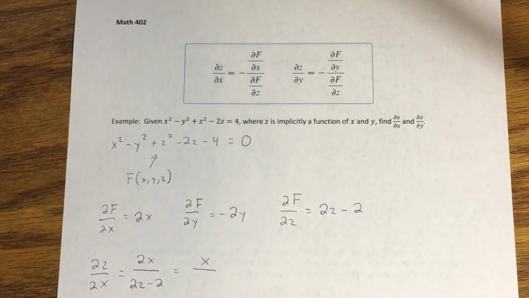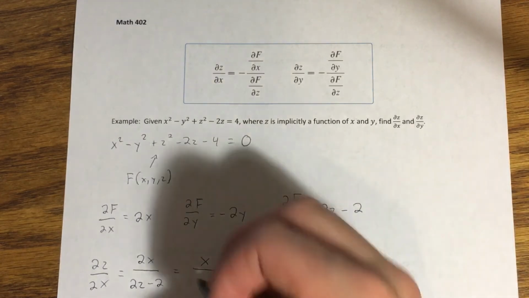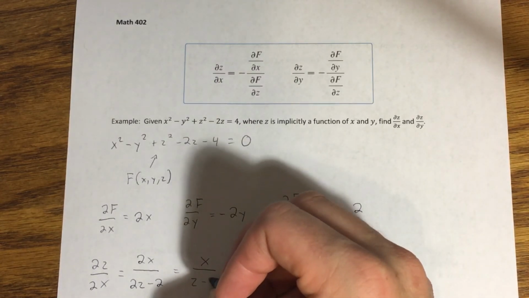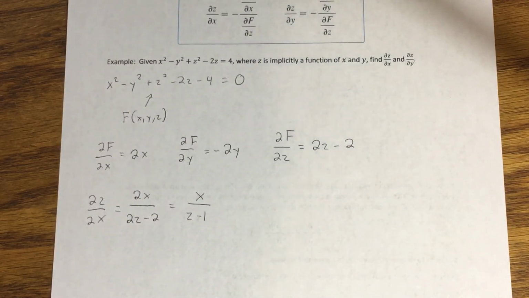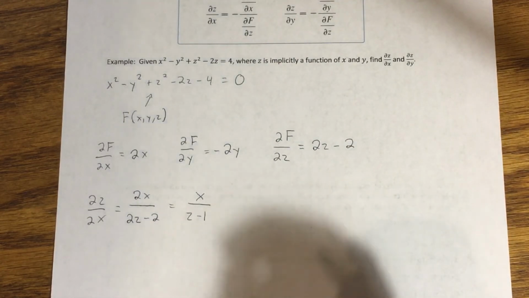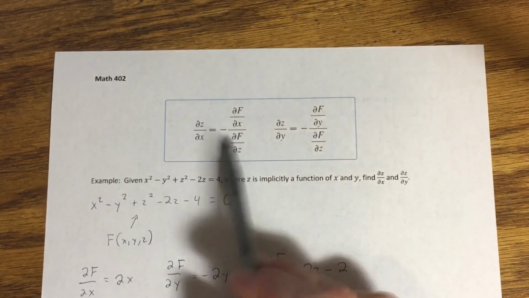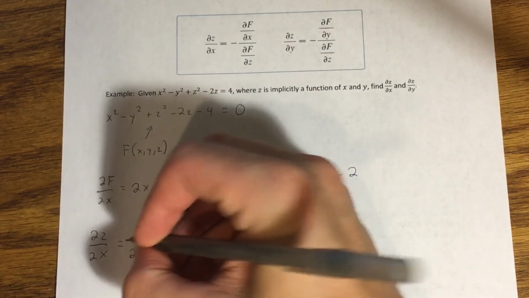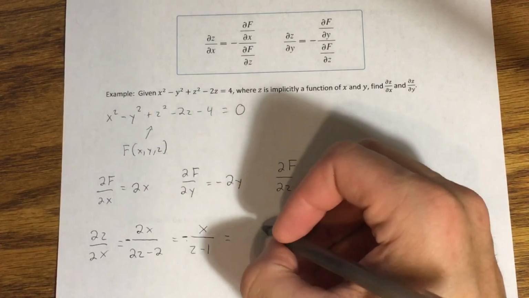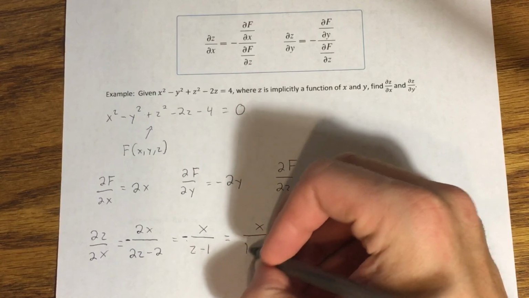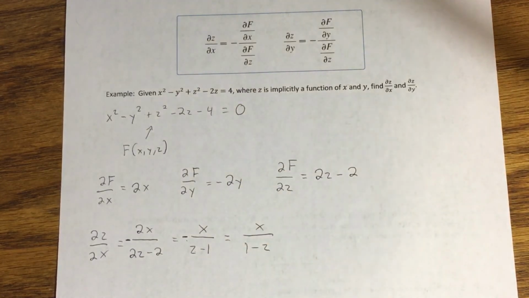That's going to give me x over z minus 1. One thing I'm forgetting, though. I forgot that I'm supposed to put a negative there. So let's go ahead and do that. Negative x over z minus 1. If you want, sometimes people like to bring the negative down into the denominator and call that x over 1 minus z. That's also fine to do.